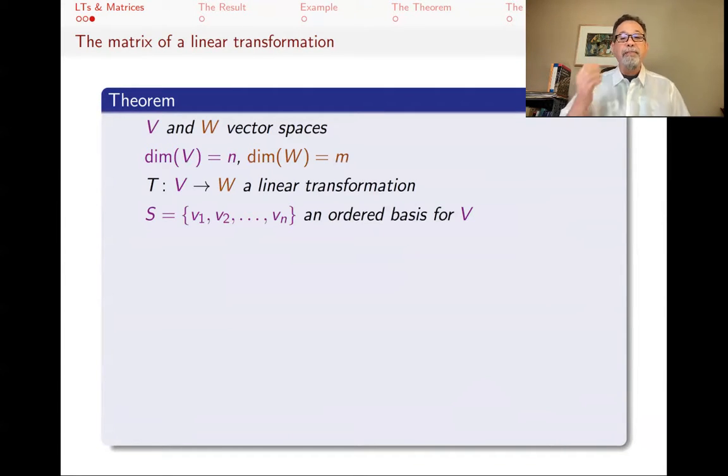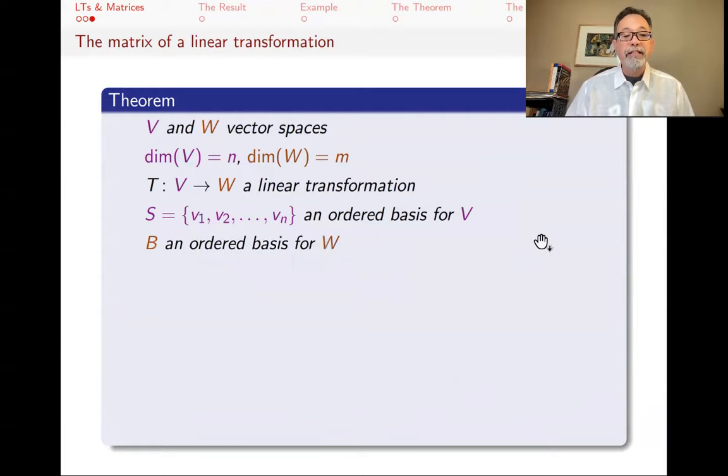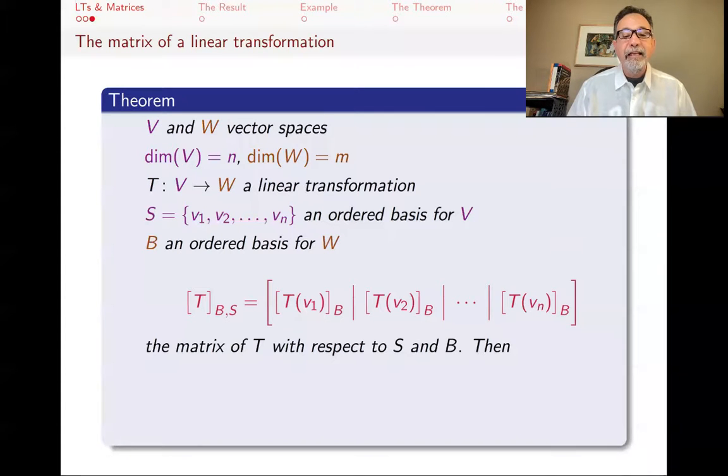Well, we first find an ordered basis S for V, and I need the names of the elements in that basis, so I'm telling you that they are v1 through vn. I also need a basis B for W, but actually I don't need to know what exactly the elements are, at least for stating this theorem. For actually doing this, I do need to know what B is. And then the matrix of T with respect to S and B is this mess.